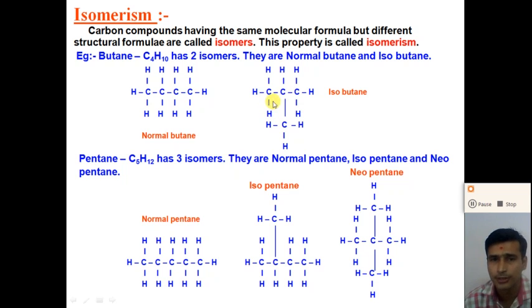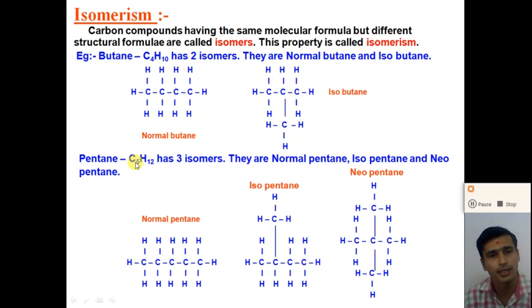But if the 4 carbon atoms make covalent bonds in a branched structure, it is called isobutane. So butane has 2 isomers, right? Normal butane and isobutane.